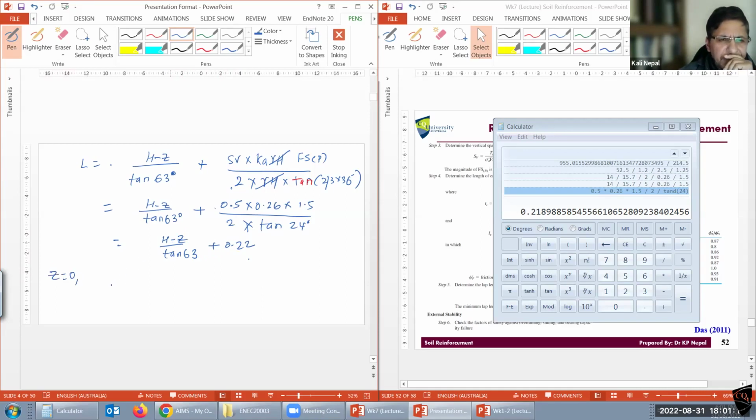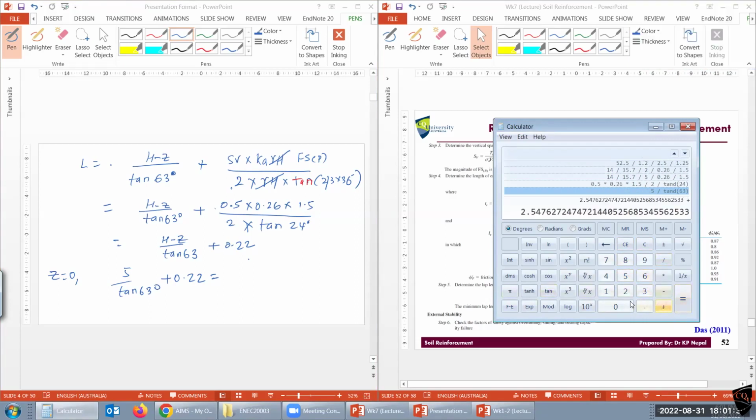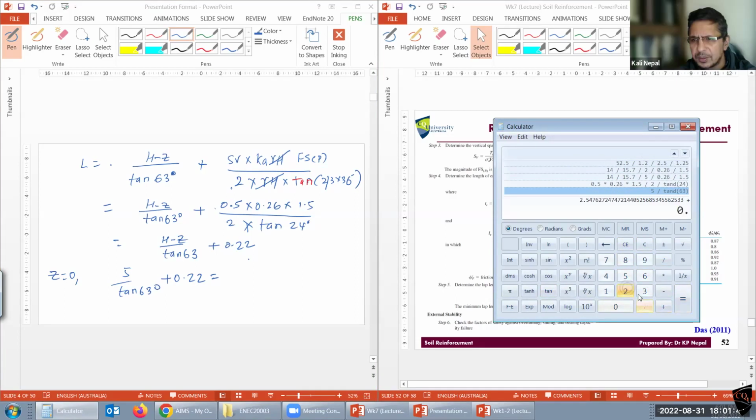So that means 5 divided by tan 63 degrees plus 0.22. How much will be this? 5 divided by tan 63, that's 2.5, plus 0.22.